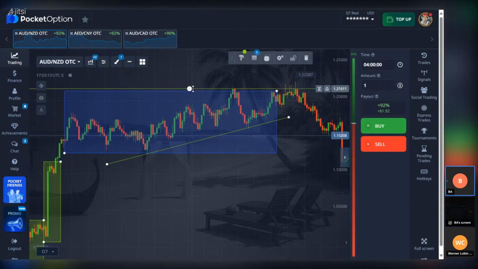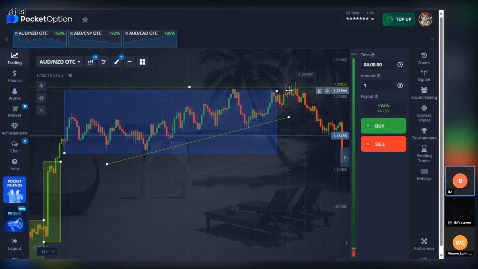This little high right here in the middle. I'm trying to see how price reacts on a smaller time frame when it takes this high. Once it takes this high, I want to see it accumulate, go sideways, and then eventually go down. You see what I'm saying?